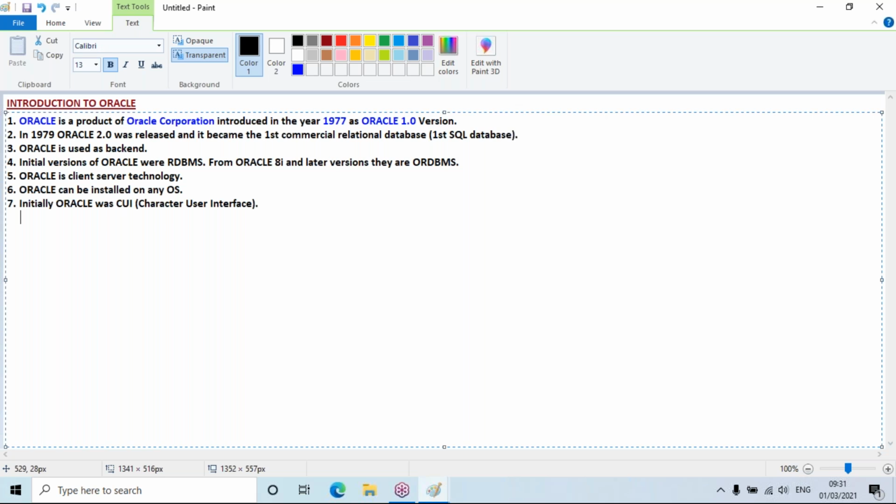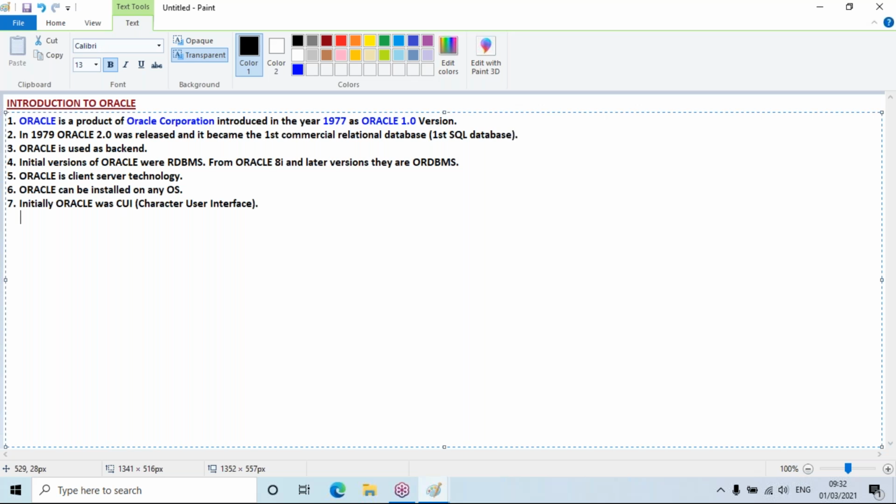So at that time, we first used to install Oracle, and after that we used to install one third party tool, and that third party tool used to make Oracle communicate in a user friendly manner. If I don't install the third party tool, Oracle alone cannot have its user friendly tool. So at that time, when it was purely CUI, there used to be one software by name Toad. That software we used to install to make Oracle user friendly.